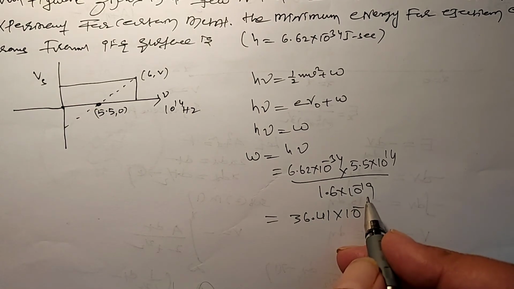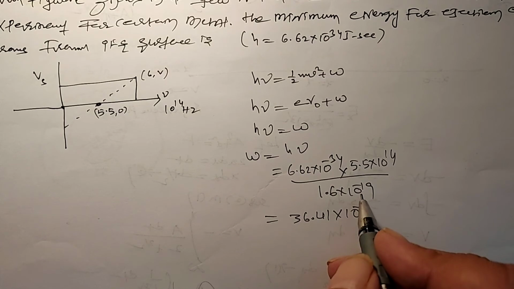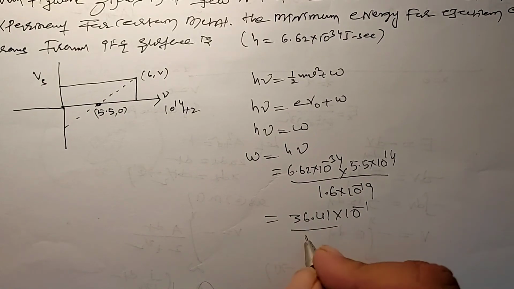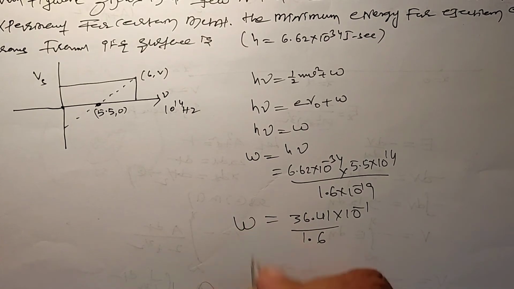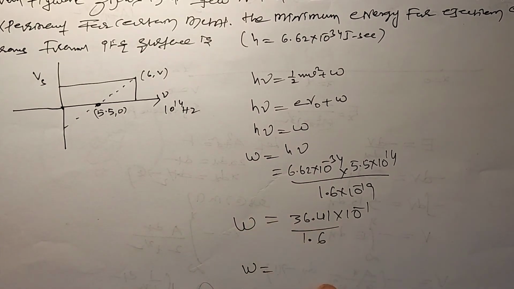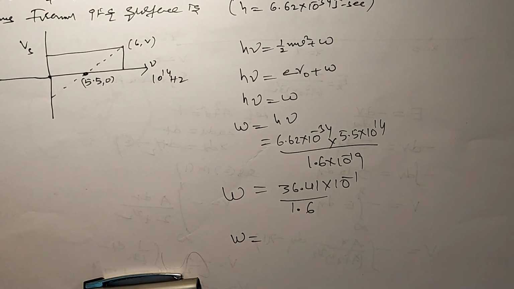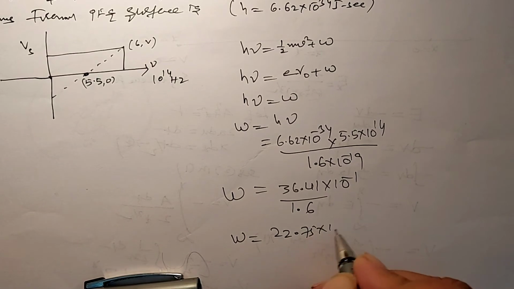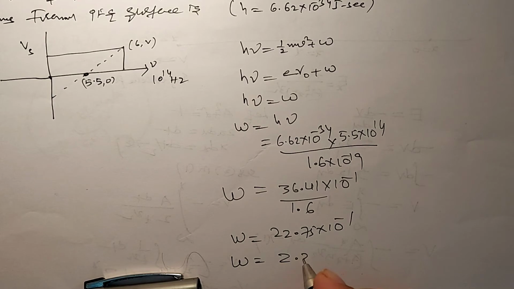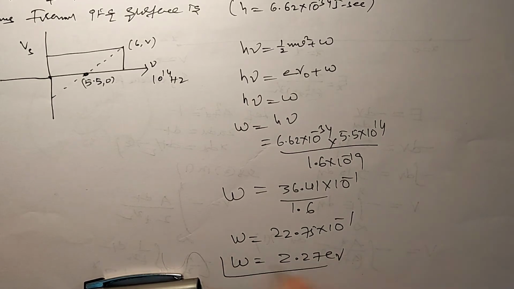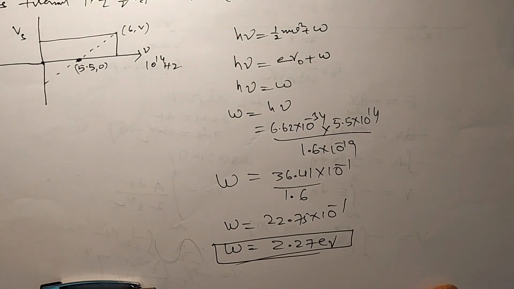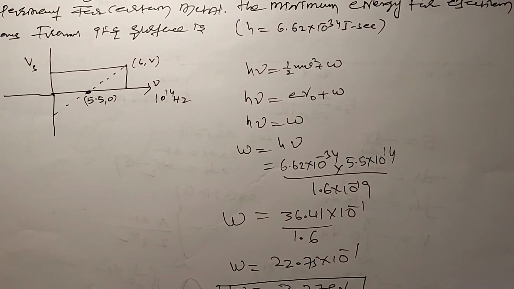Bringing 10 to the power of minus 19 to the numerator and dividing by 1.6, we get 22.75 into 10 to the power of minus 1. So W is equal to 2.27 electron volt. This is the correct answer according to the given data.